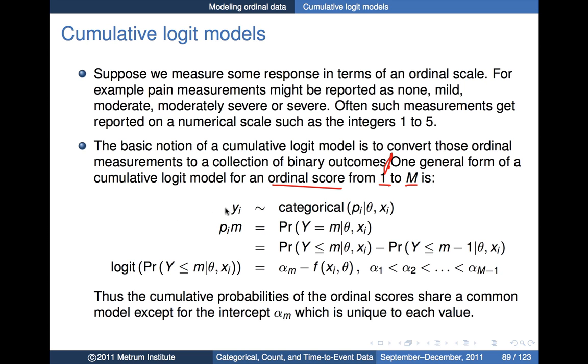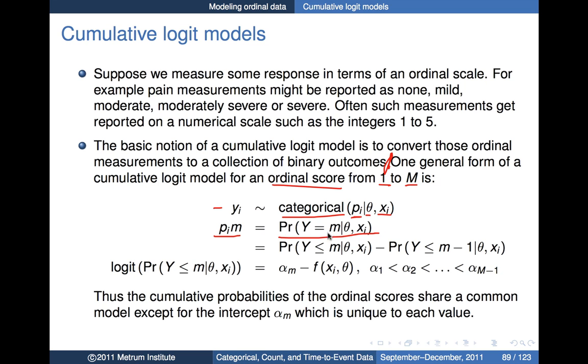When we write that model, we can write it like this, where our data, y_i, is going to use a categorical distribution with a vector of probabilities. So p is going to be a sequence of M probabilities that sum to 1. They depend upon some parameters and some covariates. And the mth one of those we could write as representing the probability that y equals m.